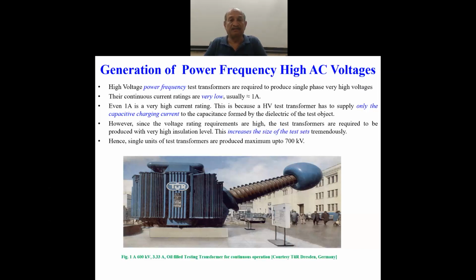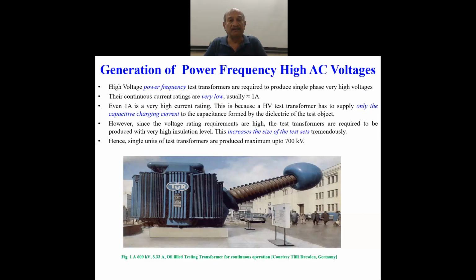That is why every manufacturing factory of equipment must possess a well-versed high voltage lab in order to check the quality of electrical insulation provided, not only finally, but also during the process of manufacture.